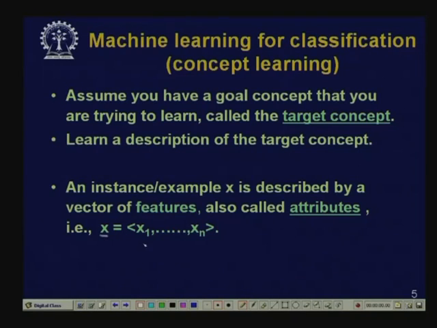X consists of n values x1, x2, ..., xn. x1 is the value for attribute 1 for this instance, xn is the value of attribute n for this instance. So, for the learning problem we have a number of attributes or features, and each instance is described by its value for each of these attributes. Our training set consists of a set of such training examples.